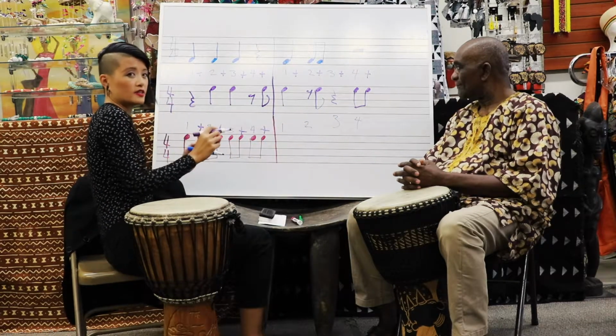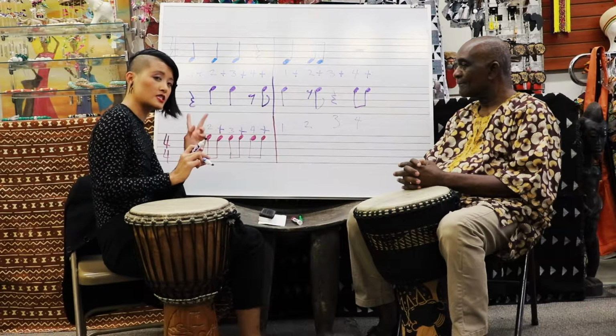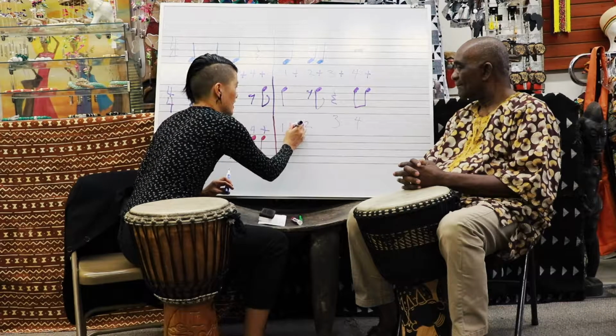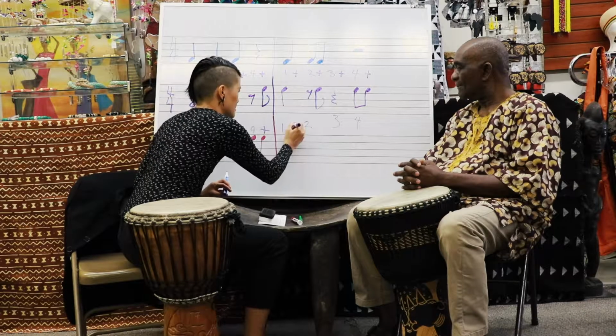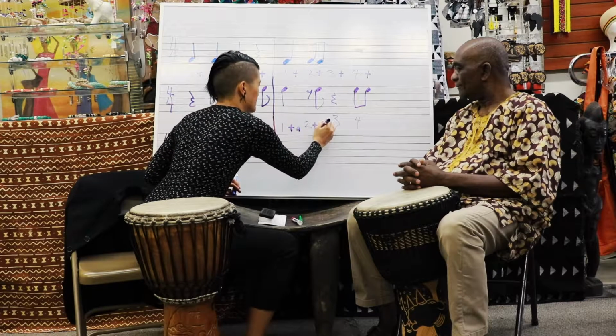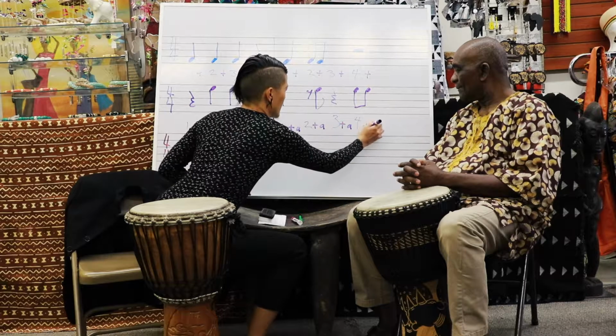Okay, so the triplets have 3 little subdivisions instead of 2 for every beat. So we usually label this as 1 and a, 2 and a, 3 and a, 4 and a.